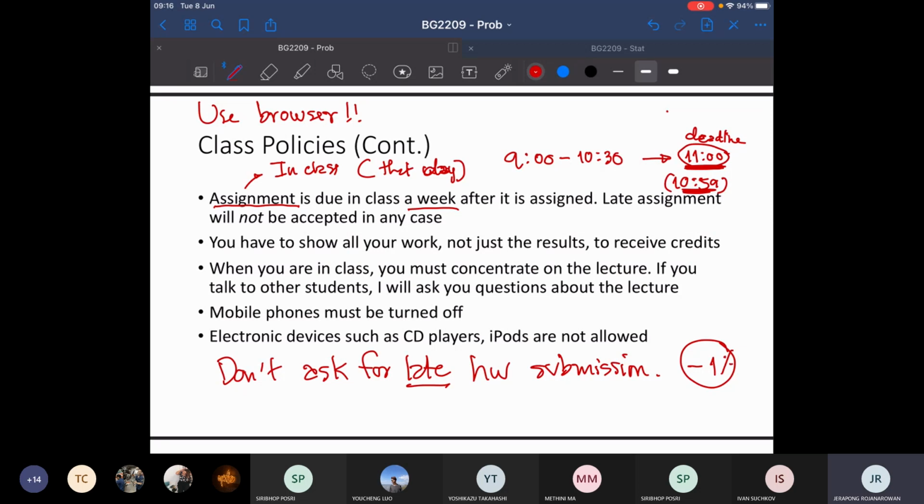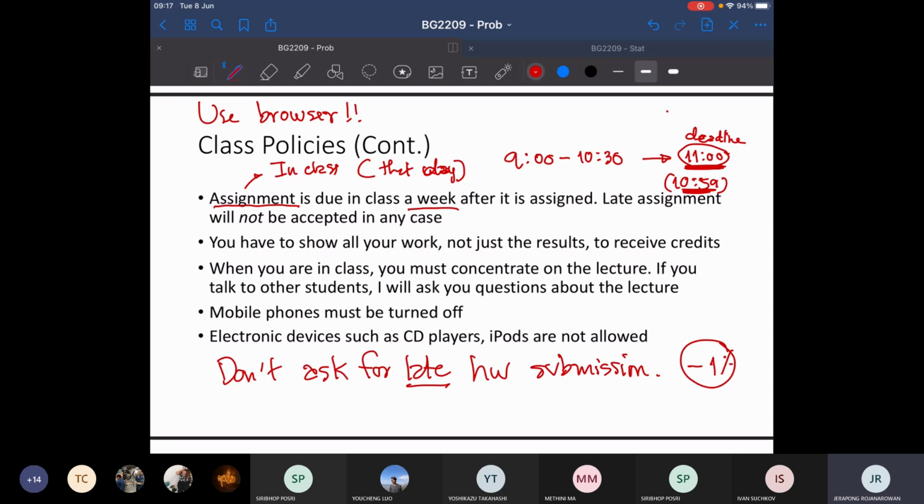Because I want you to submit on time, and it's going to be in the system, in the Microsoft Teams, so that I can check. If you say you cannot submit, it's past the due date, I cannot accept your assignment because it's going to be somewhere, it's not in the system. So it's going to be more difficult.